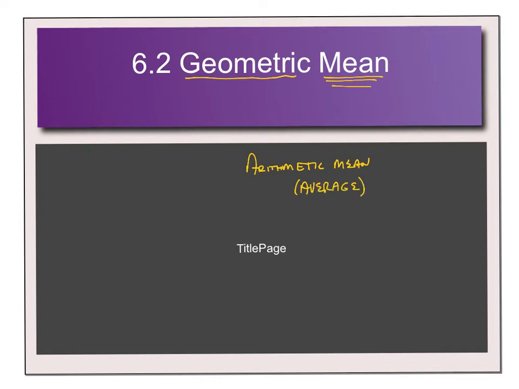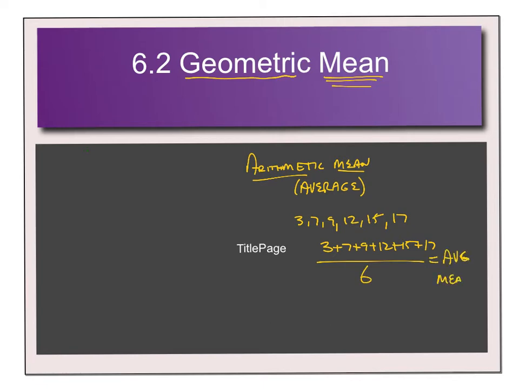Arithmetic mean was when you had a whole bunch of values and you had to add them all up and divide by how many there were. That gave you your average. That gave you your mean. That was arithmetic mean. You're adding, and then dividing.